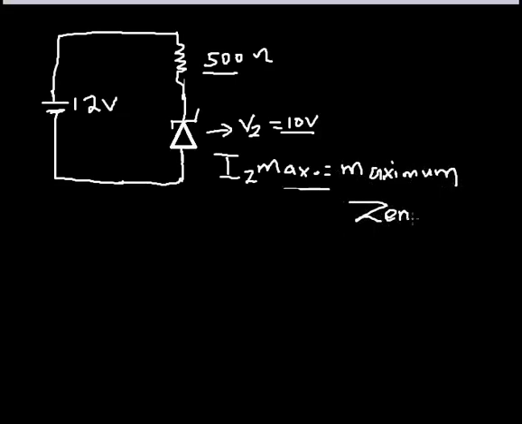Now what we want to find out is the current that is going to flow through this 500 ohms. From our analysis, the 12 volts supplied is going to be equal to the voltage across the Zener, which is 10 volts, it's always a constant voltage, plus the voltage across the 500 ohm, which is going to be the circuit current multiplied by the resistance of 500 ohm.